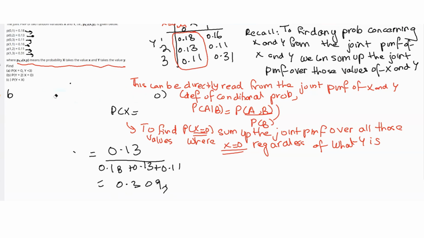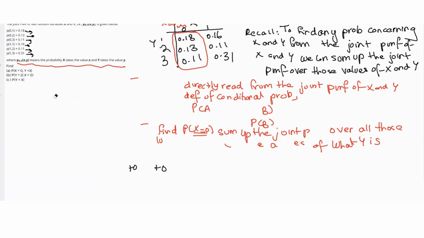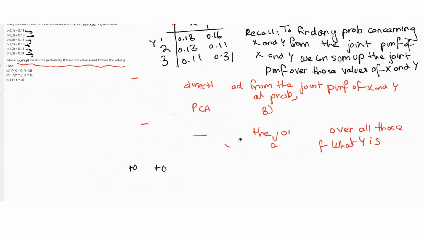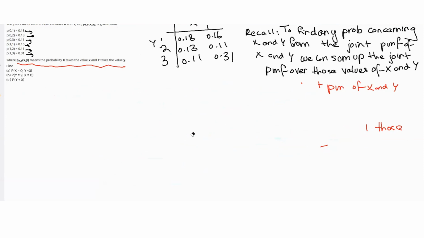Now we'll do part C. Let's just erase this out. Part C is probability y is less than x. Again, like we said, to find any probability concerning x and y from the joint PMF of x and y, we just sum up the joint PMF over those values of x and y.